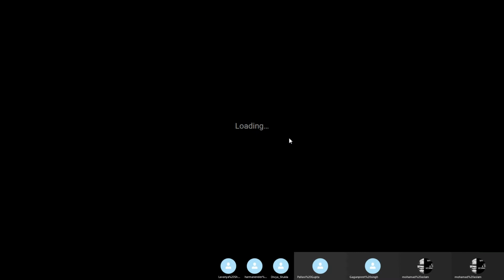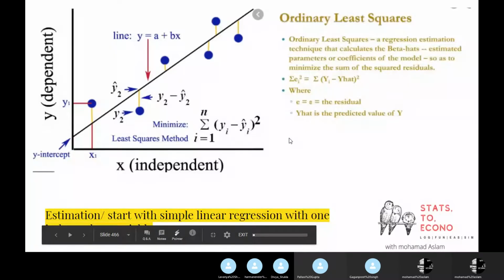From mathematical models. Today we will do a simple derivation of sample statistics, or sample parameter estimates, from bivariate regression analysis, meaning only one independent variable.